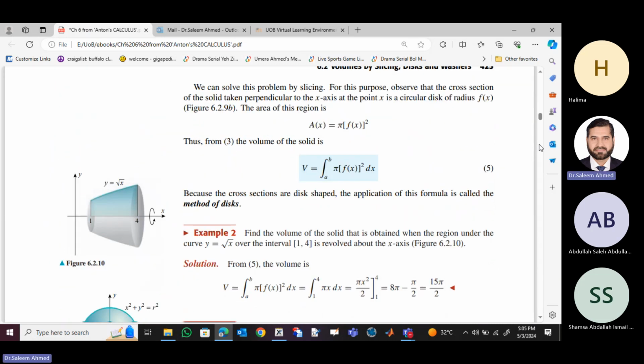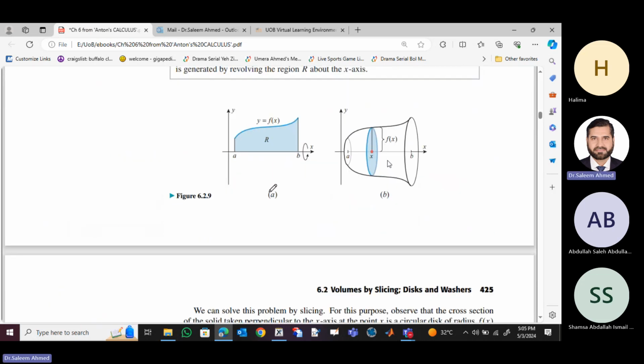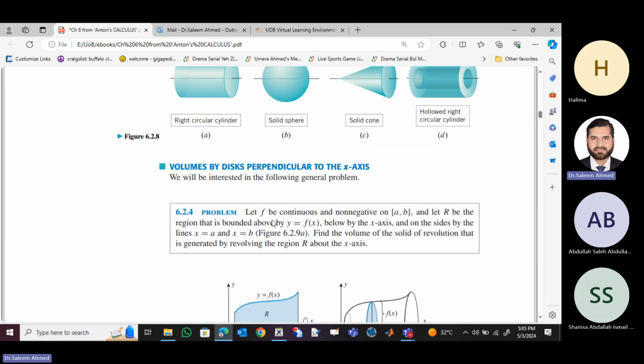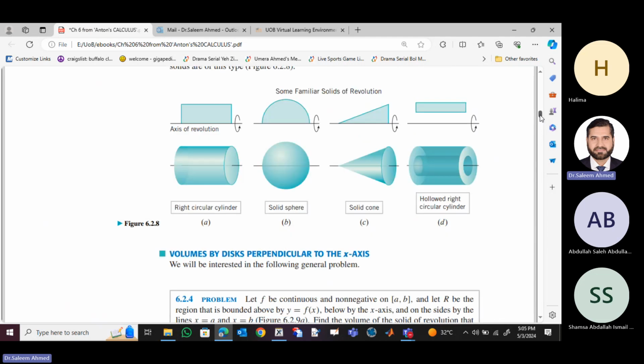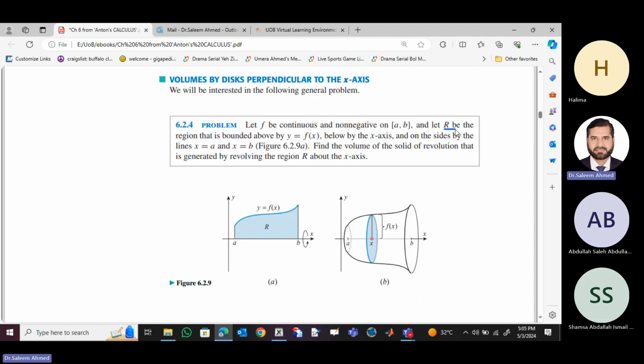See here, it's written. If you read this statement: let f be a continuous function, and let R be the region that is bounded above by f. This is the region you have to look for: what is the function at the top and what are the values A to B?